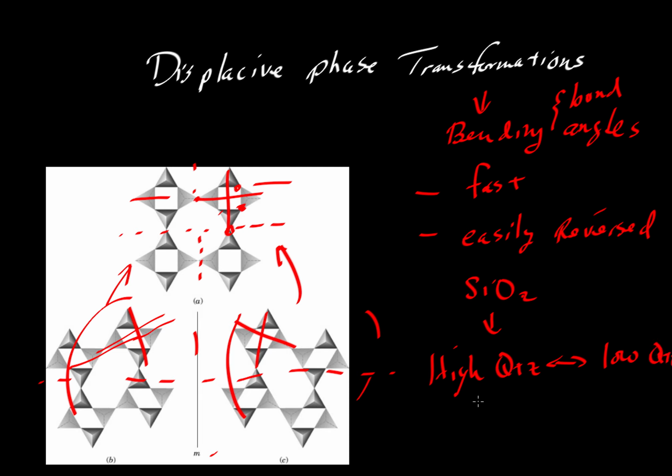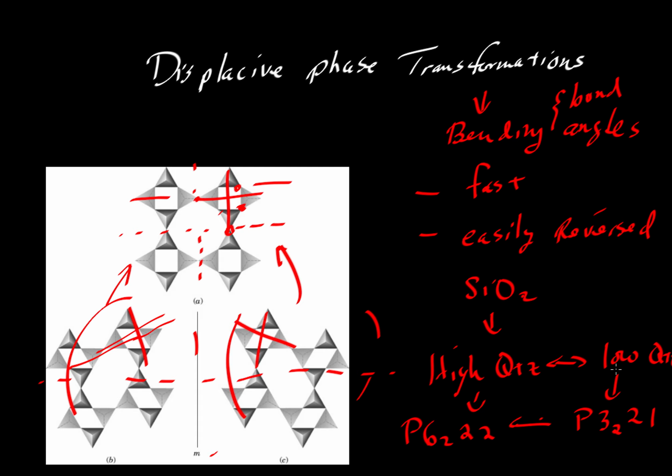So high quartz has a space group that is P 6 sub 2 2 2, whereas low quartz has a similar space group, but not exactly the same, P 3 sub 2 2 1. So these are different space groups, and it collapses to different point groups as well if you eliminate the translational symmetry. We get this change in symmetry by bending the bond angles, not by breaking them or rearranging them.